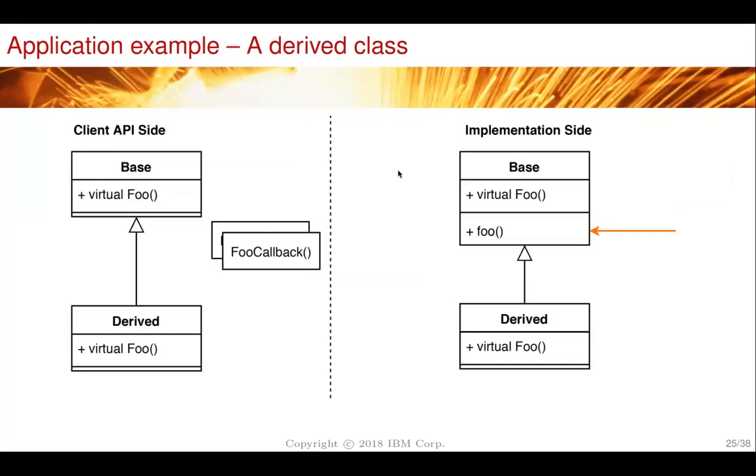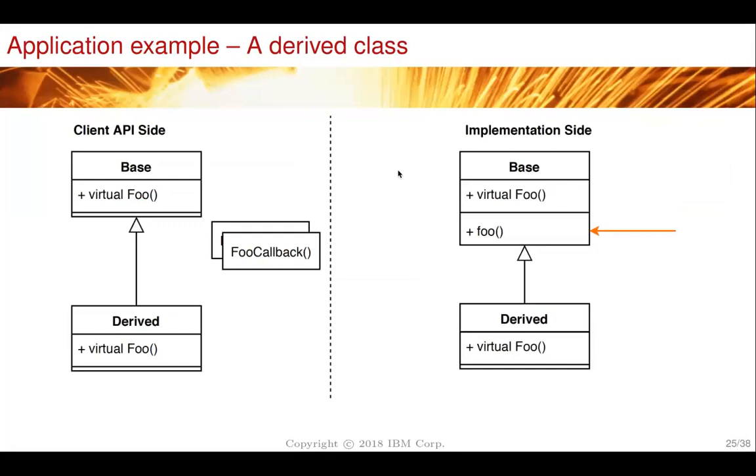And we also create a different callback now that will correspond specifically to our derived class. Notice that on the implementation side, we don't override lowercase foo. This is important because we don't actually need to override it, since what we will do instead is just set the new callback we've created.